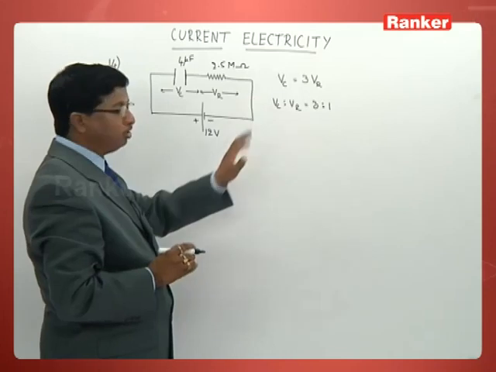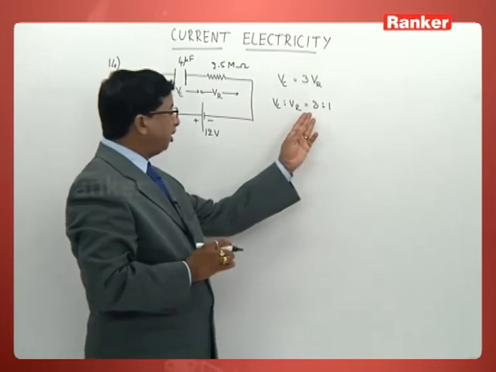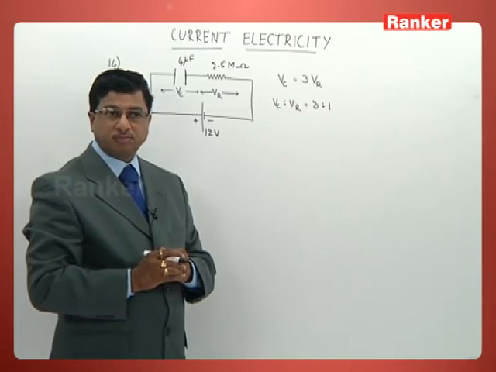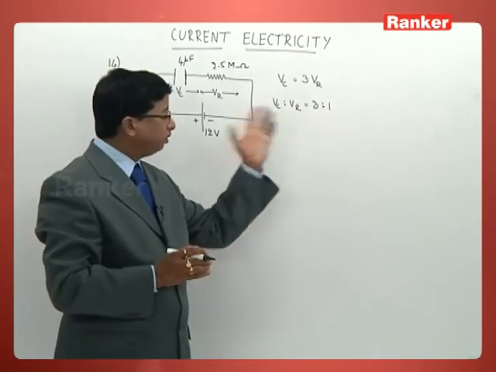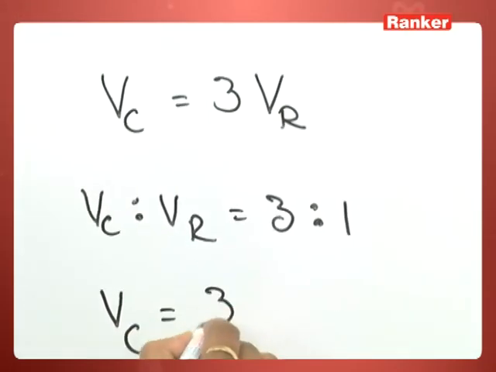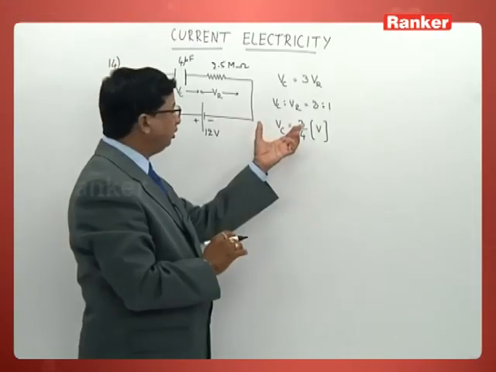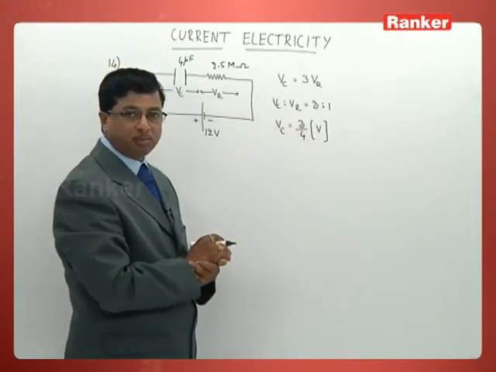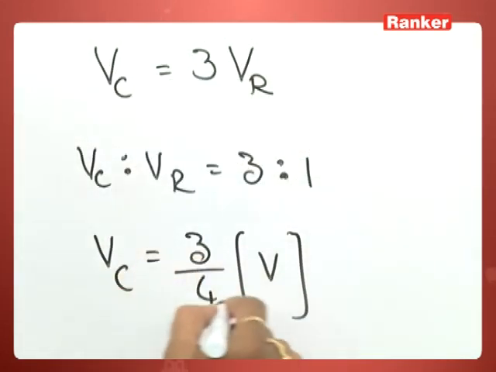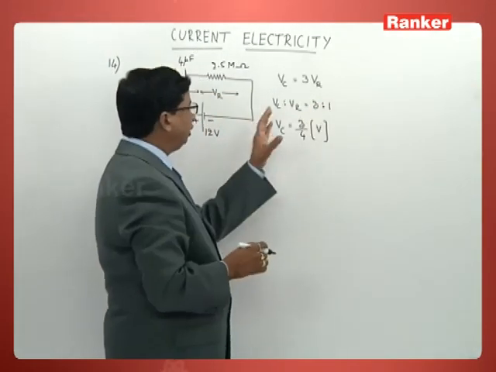That is what has been mentioned. 3:1 means 3 parts for the capacitor, 1 part for the resistor. In this particular case, 3 parts means VC can be written as 3/4 of the total value V. That is the implication you people have to remember. VC is 3/4 of V and VR is 1/4 of V. That is the concept.